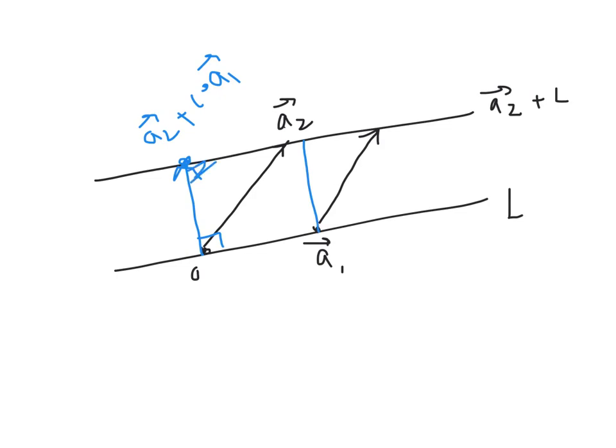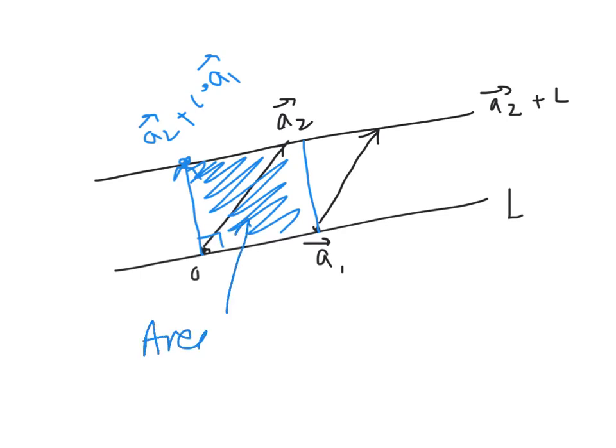And so I see that the area in blue is merely equal to the determinant of the matrix A1 and A2 plus a constant times A1, because it's a rectangle, and we already said that it works for rectangles.